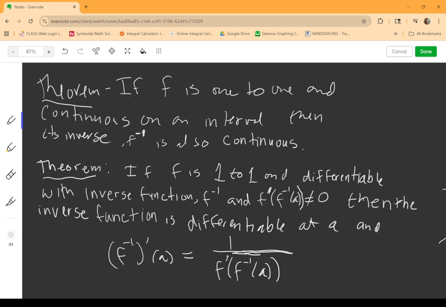And the derivative of the inverse at a is equal to 1 over the derivative of f evaluated at the inverse of a.